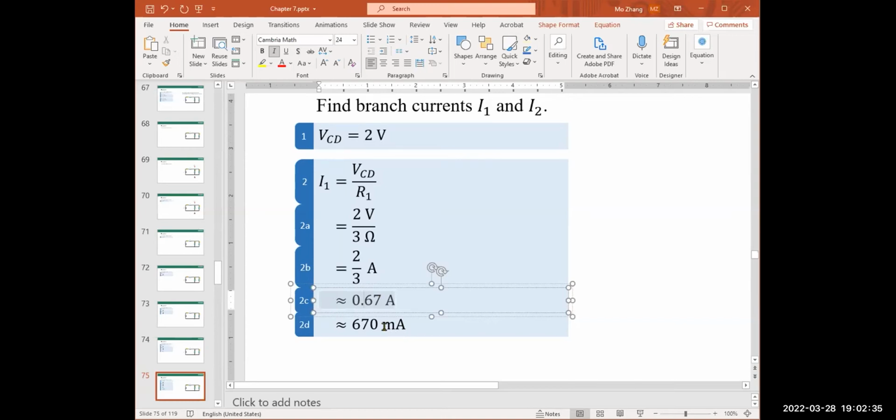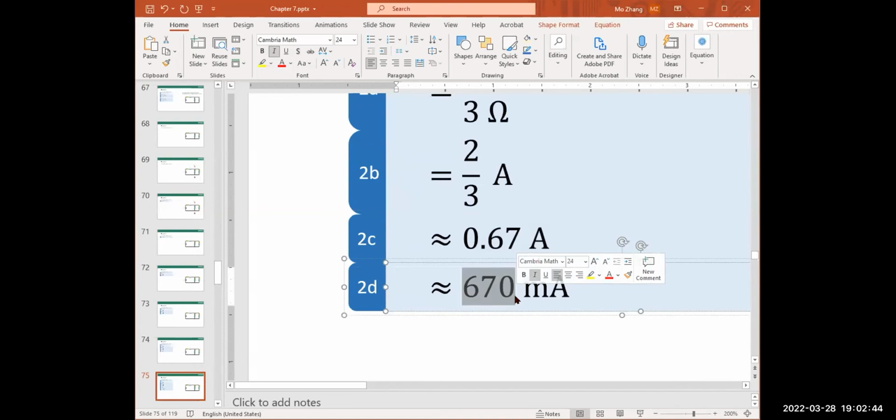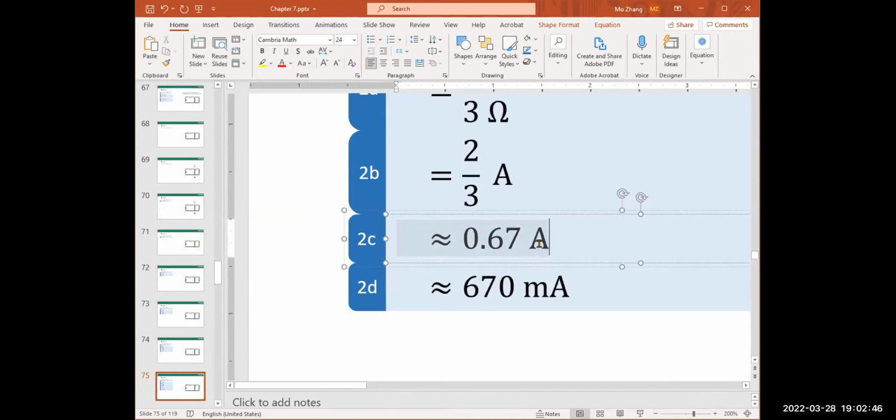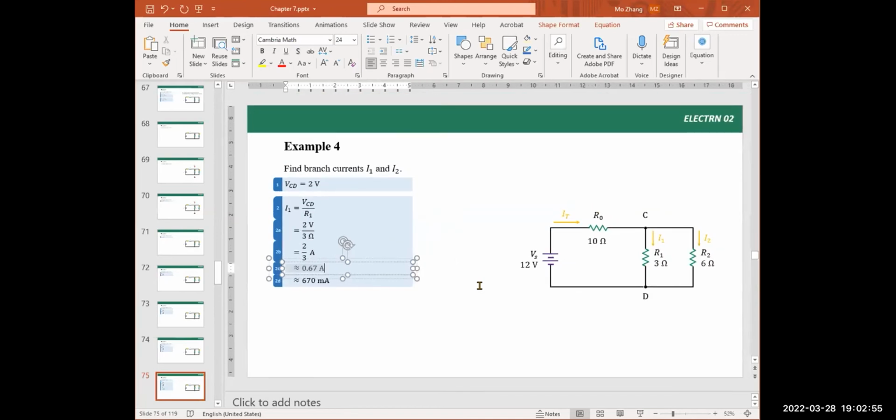We don't have to. If we need to, move the decimal point to the right 1, 2, 3 times. So that's 670. And then change here. Reduce the prefix by 1,000. So it's milliamps. So now we find the current in the first branch, resistor R1's branch.